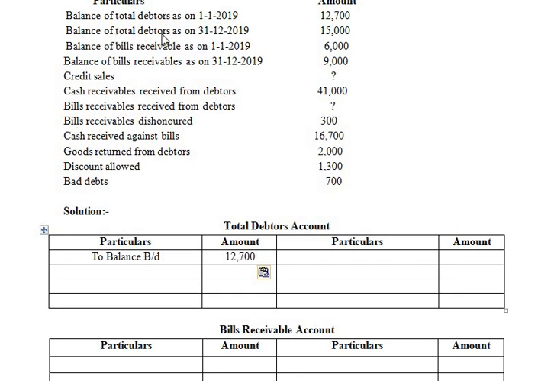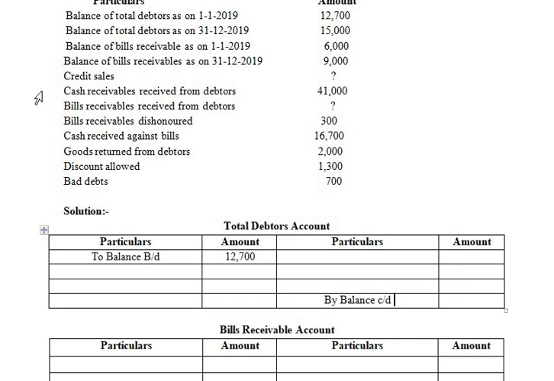Next, balance of total debtors as on 31st December 2019 is 15,000. So this is nothing but closing debtors, total closing amount of debtors. So where will you take it? To the next line, that is by balance carried down.